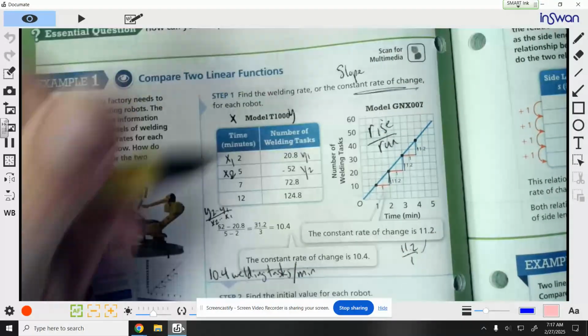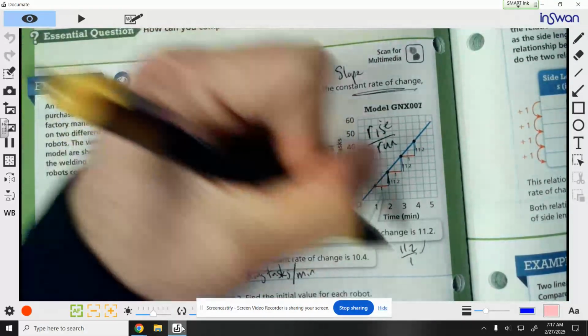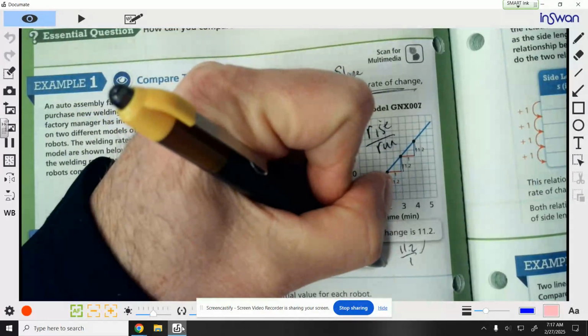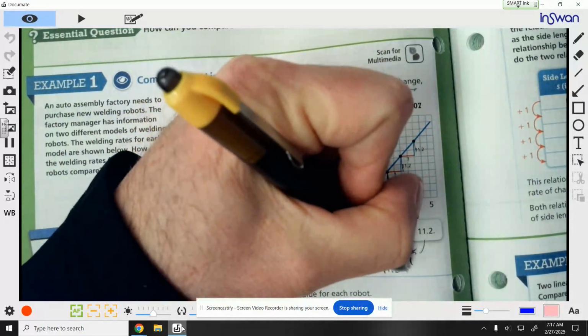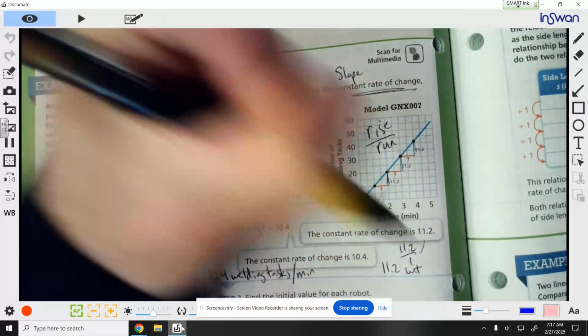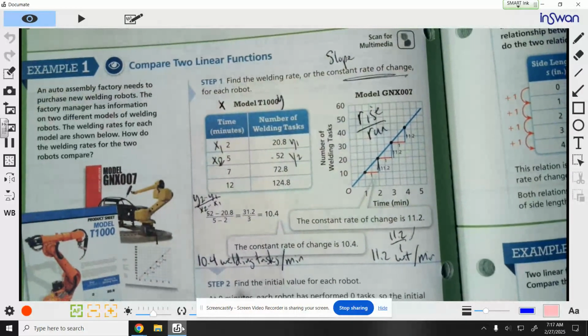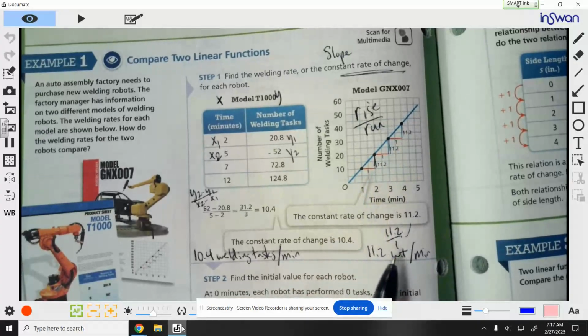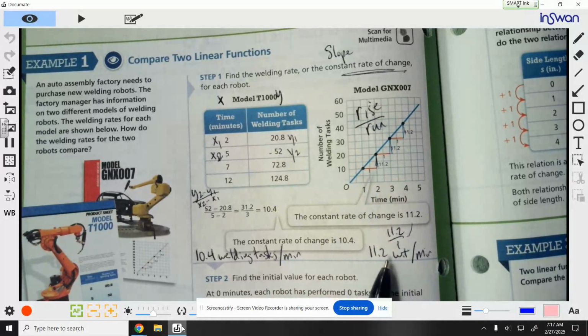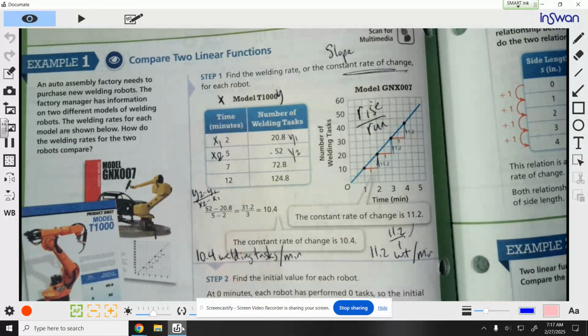So the constant rate of change is 11.2. So for the GNX 007, that's 11.2, and I'll abbreviate, welding tasks per 1 minute. Okay, so we see that the model GNX 007 actually completes more welding tasks per minute than the model T1000.